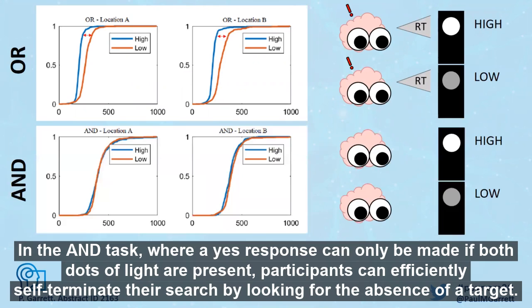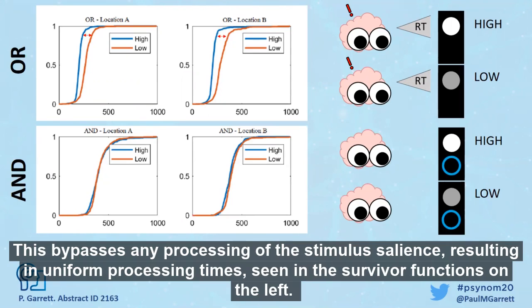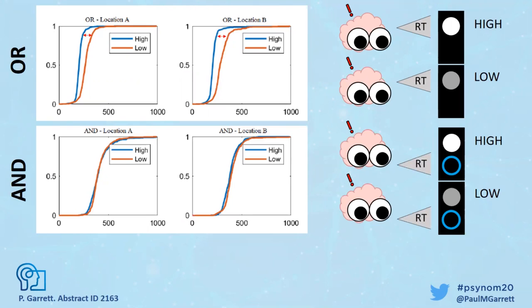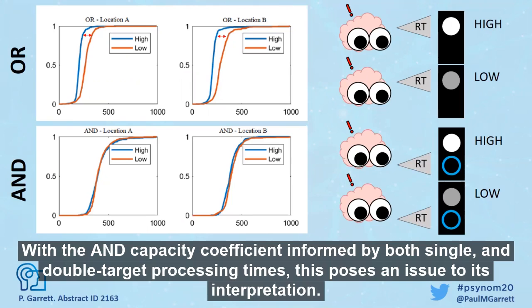In the AND task, where a yes response can only be made if both dots of light are present, participants can efficiently self-terminate their search by looking for the absence of a target. This bypasses any processing of the stimulus salience, resulting in uniform processing times seen in the survivor functions on the left.